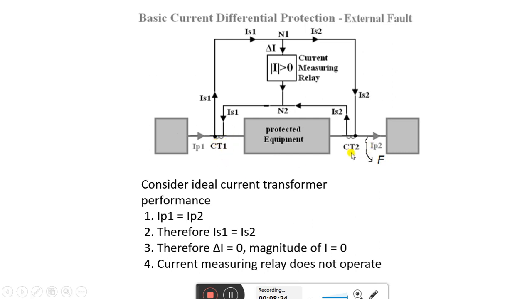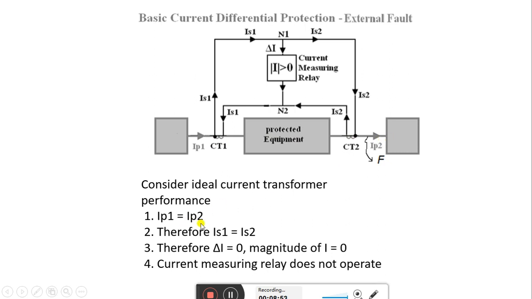It means there is no difference in the windings, and no difference in the inductance or the resistance between CT1 and CT2. So what will happen? IP1 will be equal to IP2. It means the current entering through CT1 will go straight away, and the same current will leave through IP2 too.